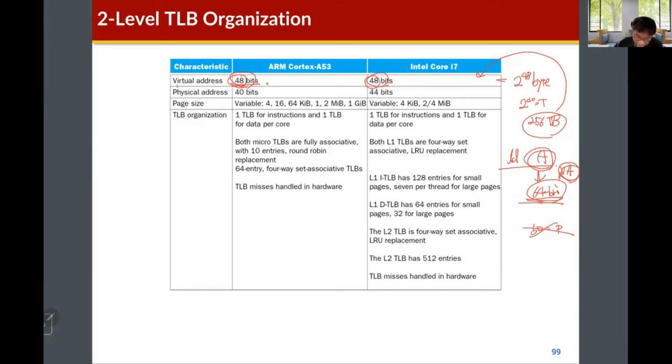And how about the physical address? ARM is 40 bits, and the Intel Core i7 is 44 bits. So this physical address size determines the maximum size of physical memory.